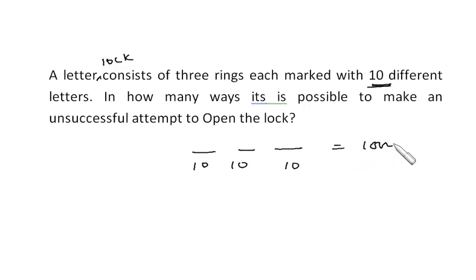So in all there will be 1000 combinations, and out of these 1000 combinations, one and only one combination will be correct, that will open that lock, right? So out of 1000, one combination is correct, so the remaining 999 combinations will be incorrect. So the remaining 999 will be unsuccessful attempts to open the lock, right?